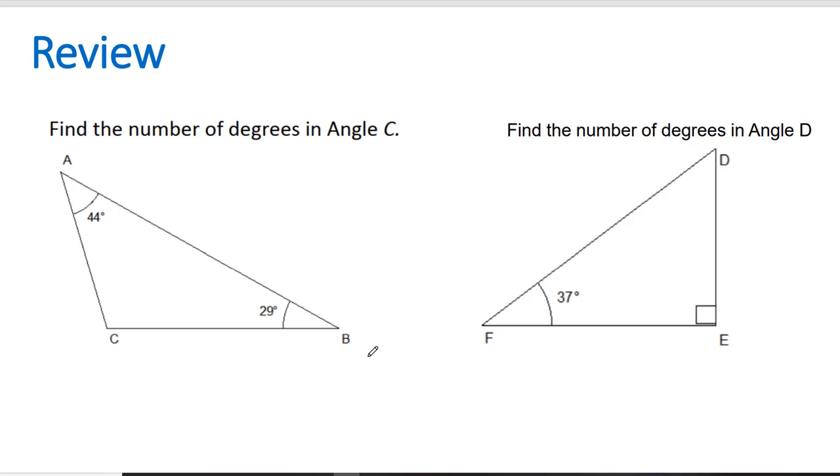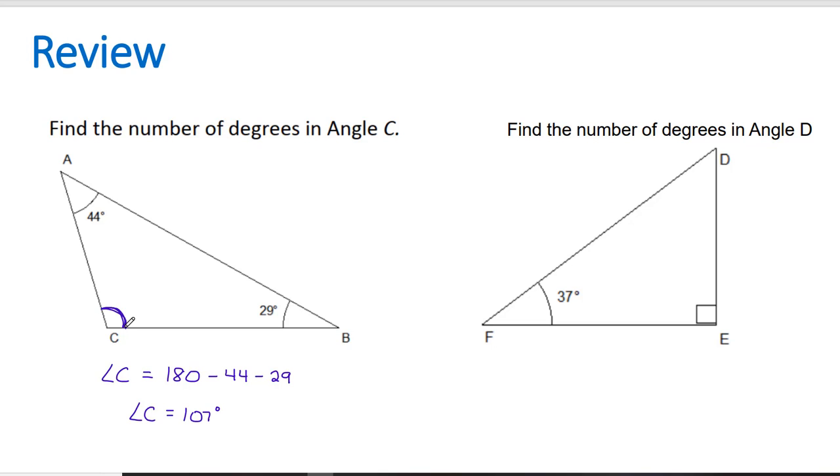So what we want to solve right here is angle C. So we're going to say that angle C is equal to 180, and we can take away the other two or combine the other two and take away once. So you can show it as subtraction, or you can show it as subtracting 44 plus 29. Whichever way you go about it, angle C is 107 degrees. It's an obtuse angle.